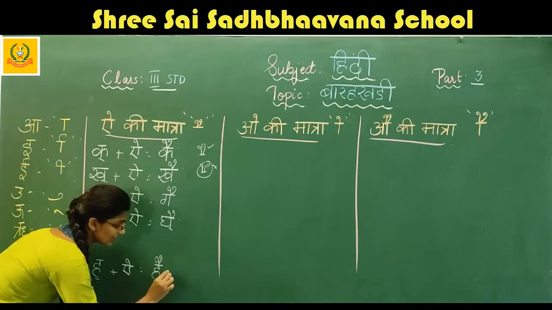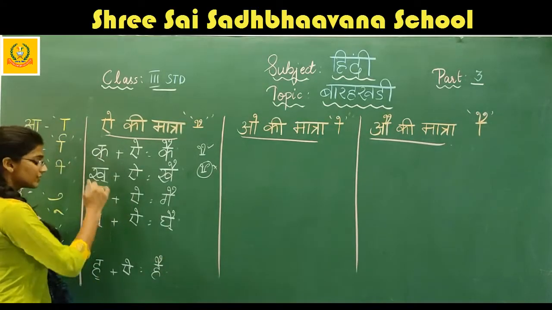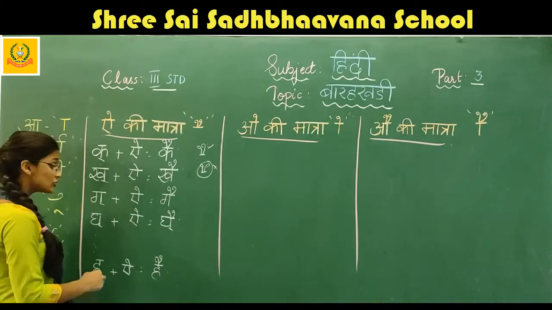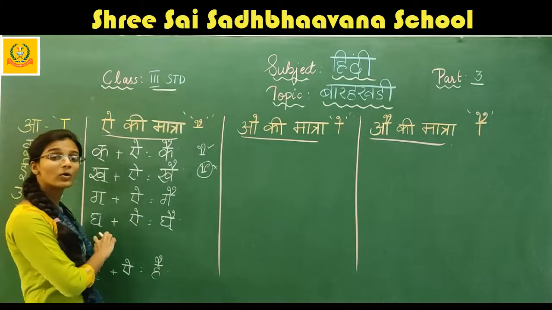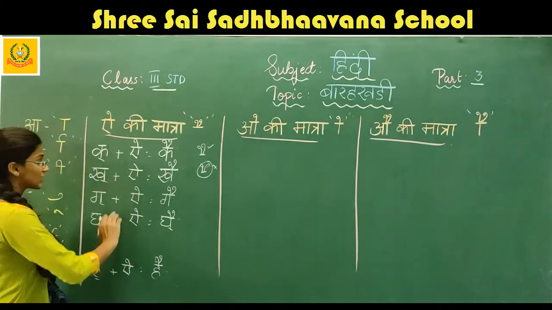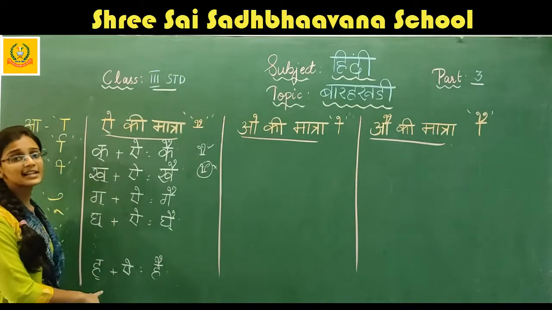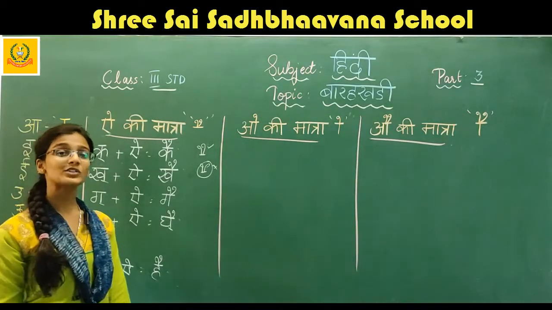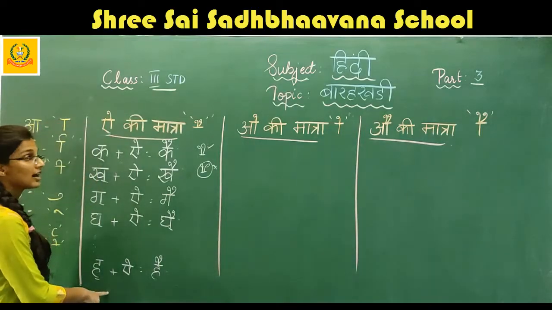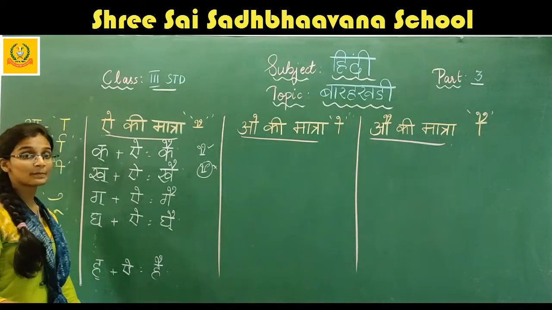Children, write till H. You should not stop writing only at G. I have given a few examples of how to write. So like this you can write till H. In the previous class also I told you to write till H. This is how you can learn better.